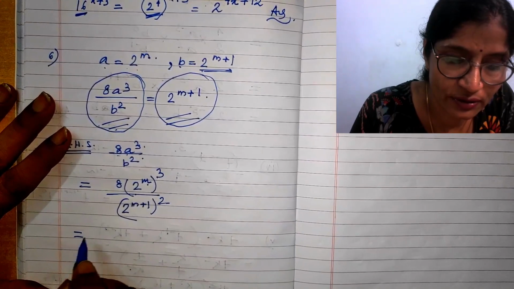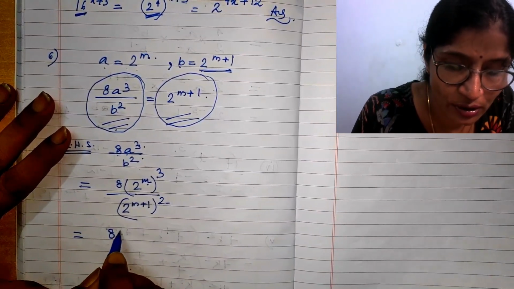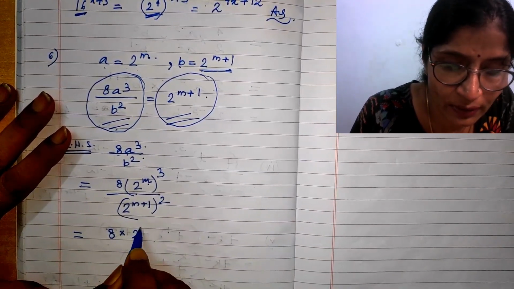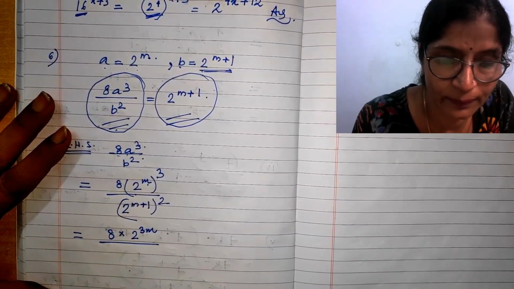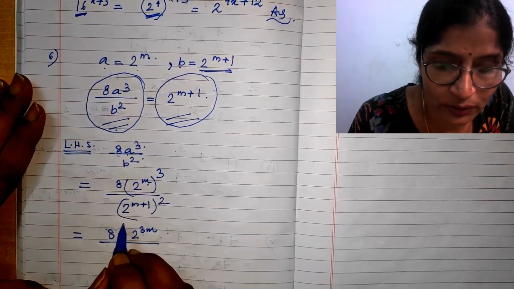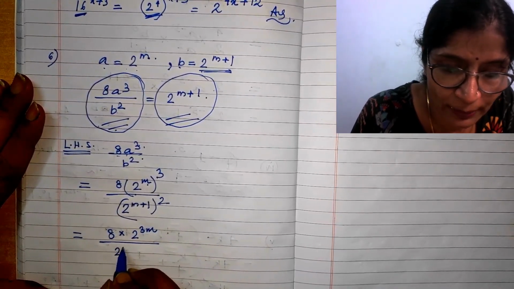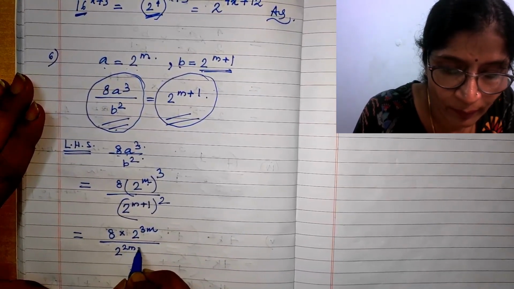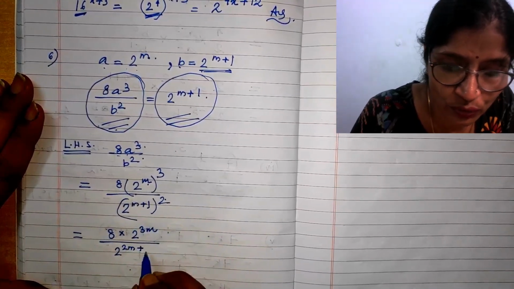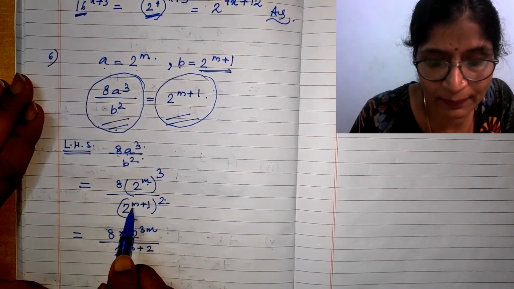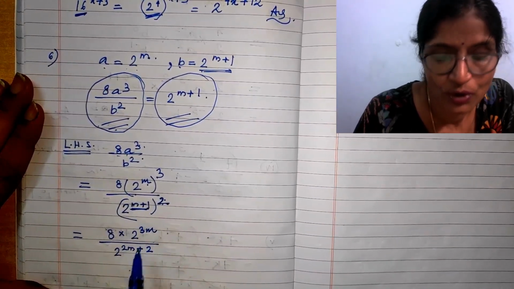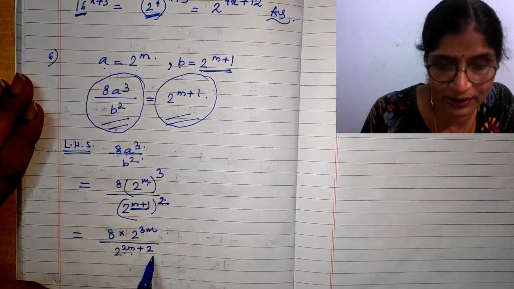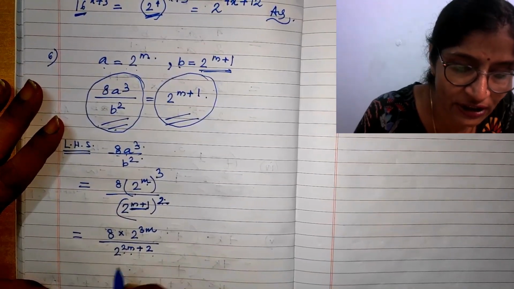Then solve it. 8 into 2 to the power 3m divided by 2 to the power 2m plus, this is (m plus 1) to the power 2. So multiply both with this 2. So it is 2 to the power 2m plus 2.